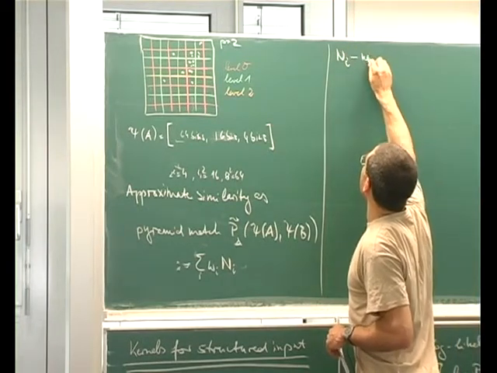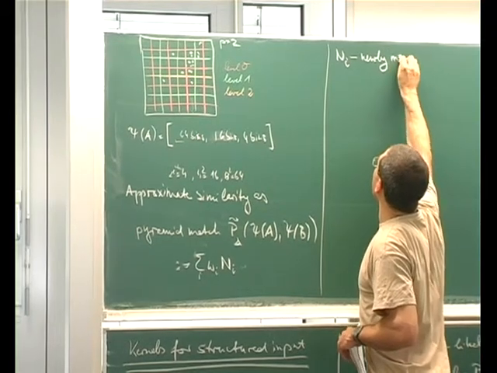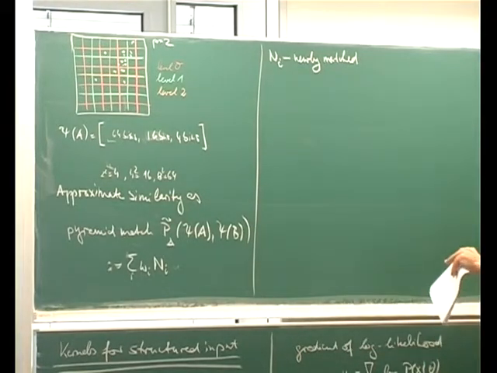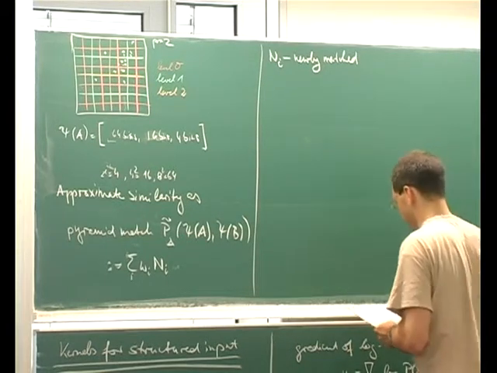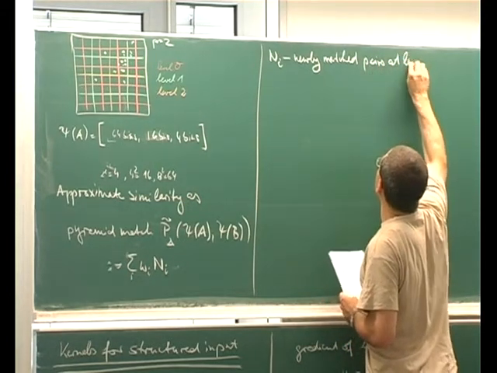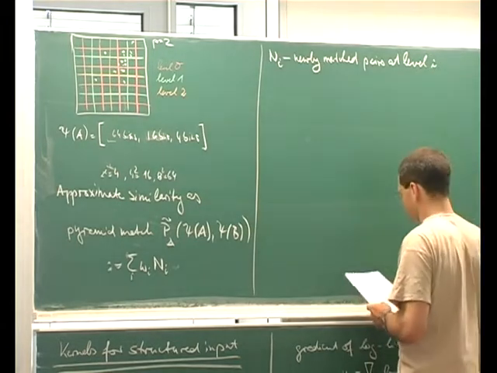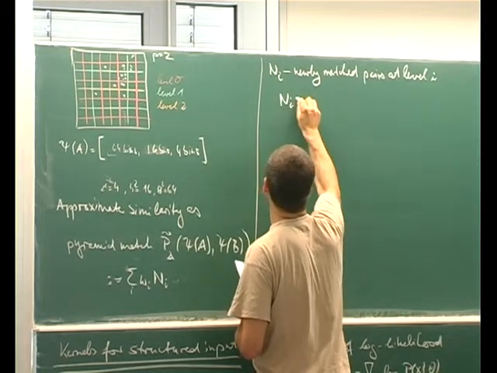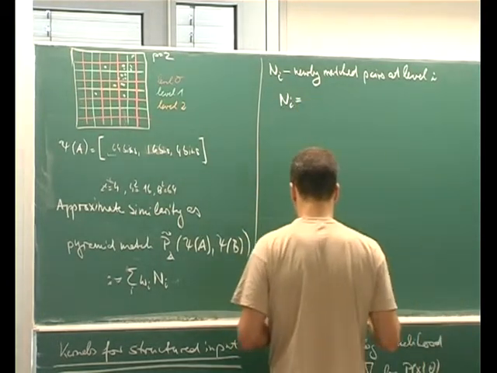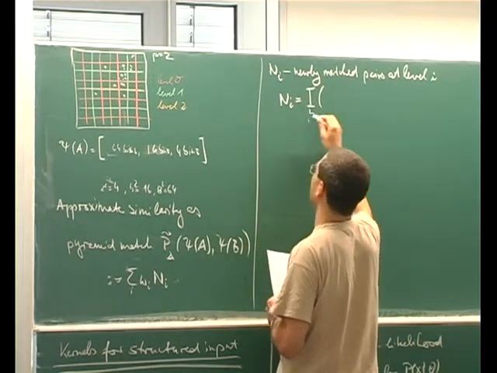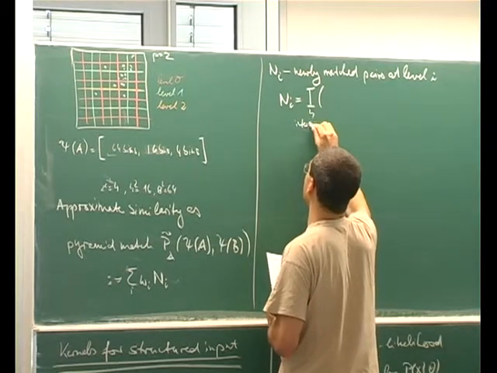So Ni are only those points that now lie in the same bin at a coarser level, but not at a finer level. So capital I now is not the indicator function, but here it's the intersection function.